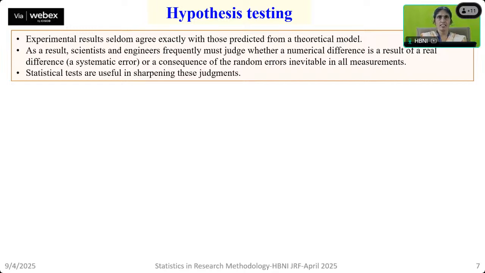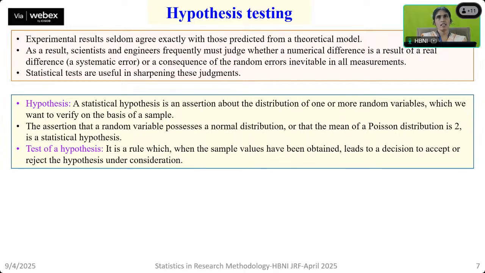Statistical tests are helpful in sharpening the judgment of such results and in coming out with useful inferences from the measured data. So what we normally do is propose a theory that the experimental results will be so and so, and accordingly we give some substantiating theory also.